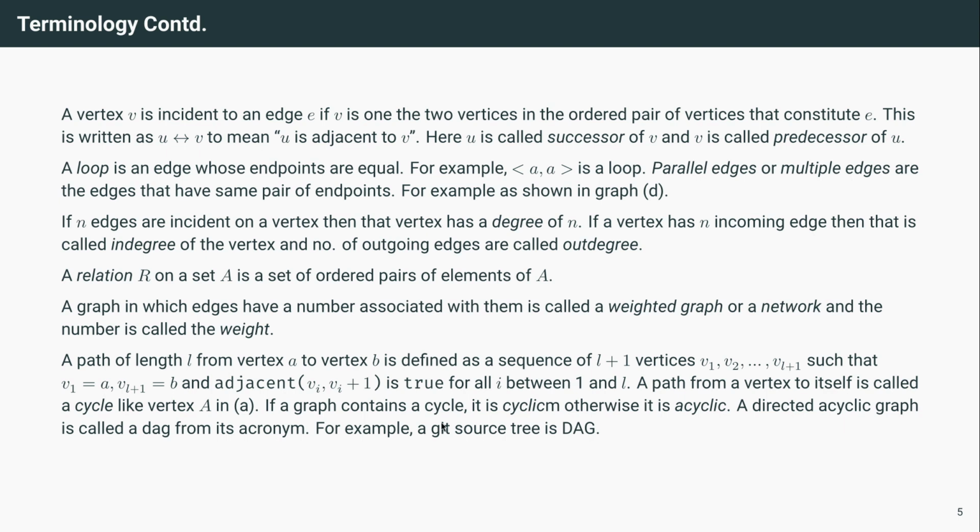A directed acyclic graph is called a DAG, from its acronym. So I'm not sure if you have used Git repositories or not yet in your programming career, but eventually you will learn to use Git when you have a job, or you might already be using Git.